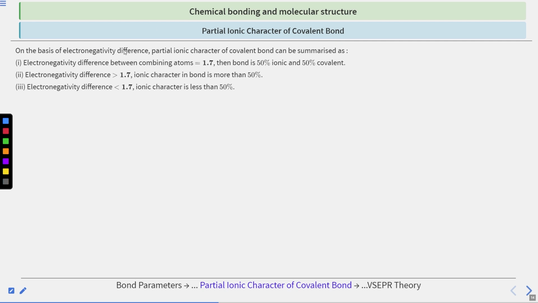On the basis of electronegativity difference, it can be summarized as follows: if the electronegativity difference between the combining atoms is equal to 1.7, then the bond is 50% ionic and 50% covalent. If the electronegativity difference is greater than 1.7, the ionic character in the bond is more than 50%, and if it is less than 1.7, the ionic character is less than 50%.